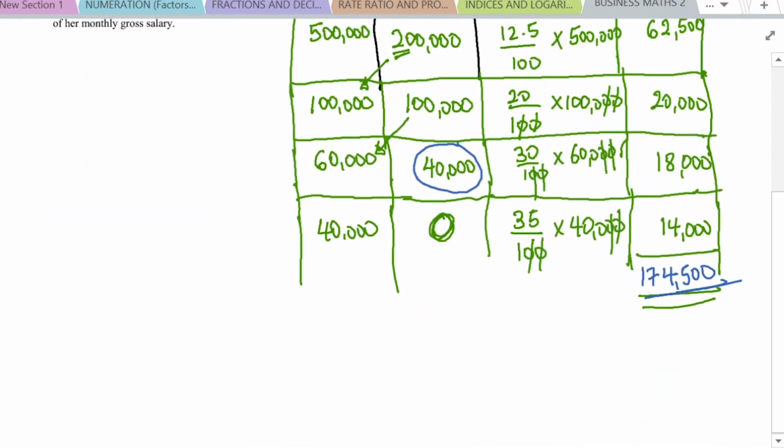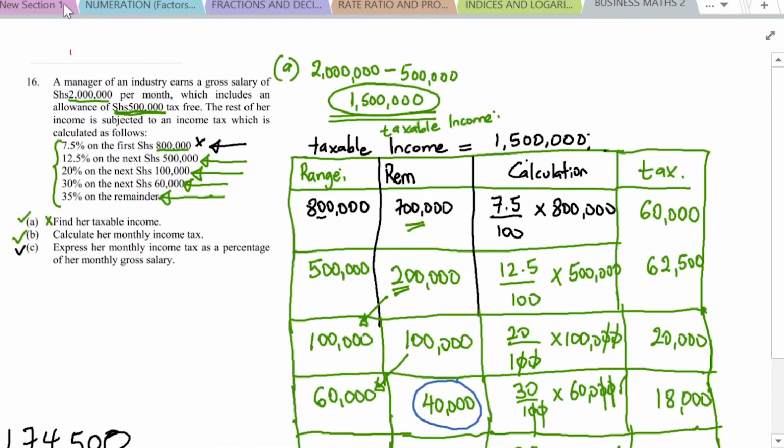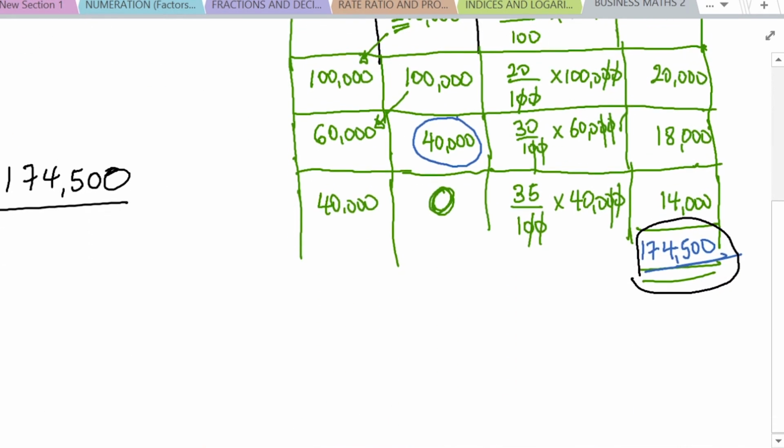So we have her monthly income tax here as 174,500. We shall divide that by her gross income. Her gross income, according to the question, is 2 million. So we divide that by the 2 million shillings, which is her gross monthly income. Multiply that by 100%. These 2 zeros go with those 2 zeros.